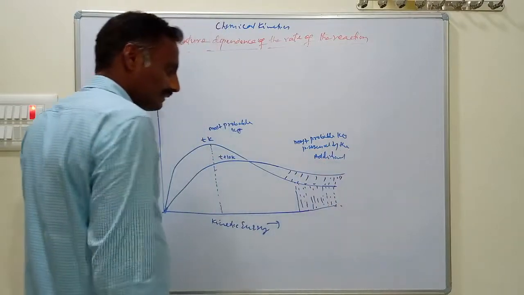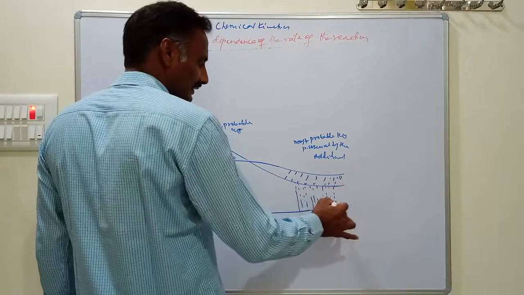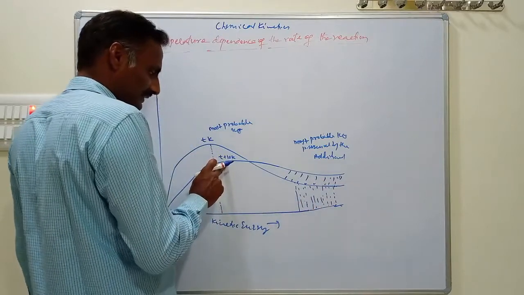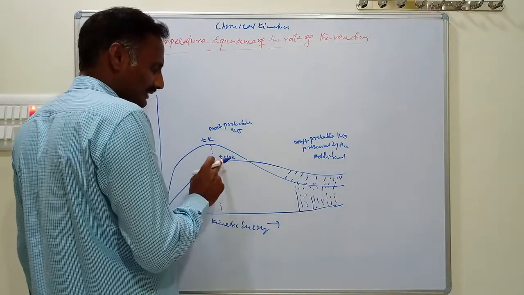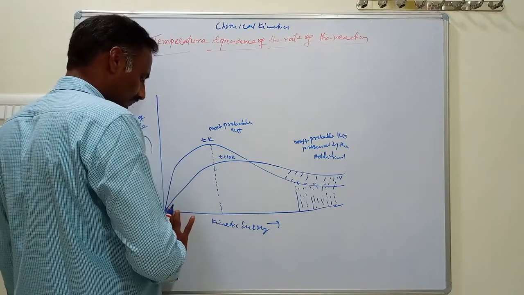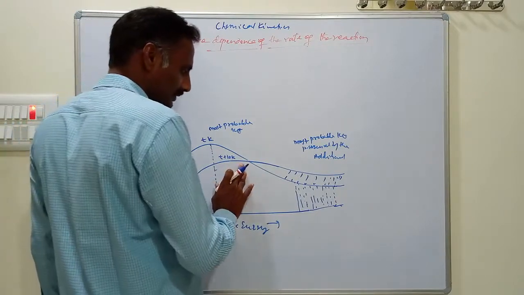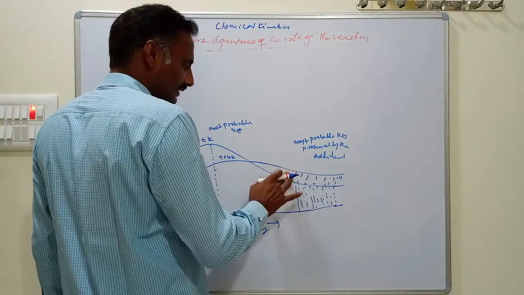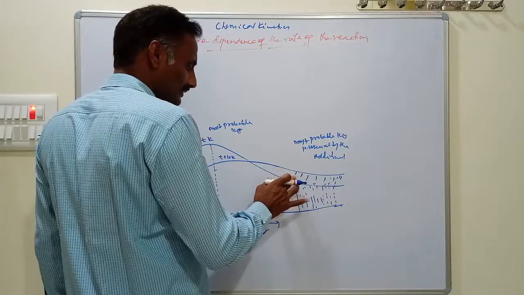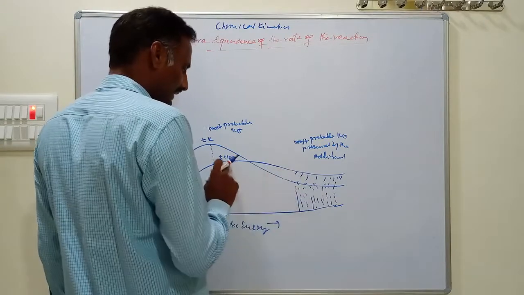As the temperature increases by 10 Kelvin, this graph broadens and shifts towards the right side. That indicates the kinetic energy possessed by the reactant molecules doubles by increasing the temperature by 10 Kelvin.